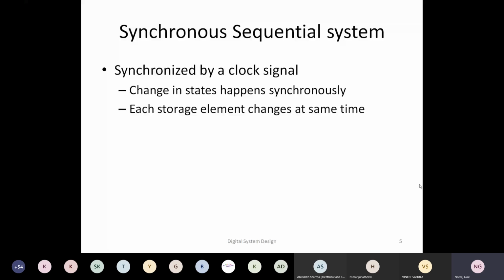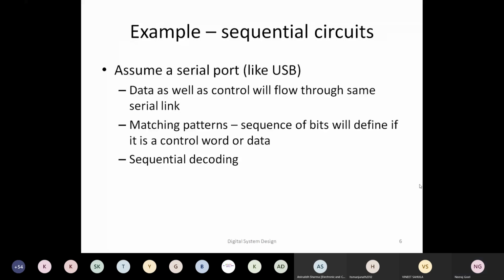Okay, so let's take an example of how these sequential systems are used. Let's say we have a serial port like USB. It could be PS2 or USB. When these serial ports are connected to a computer, you understand that on a USB port you can connect a mouse as well as a keyboard.